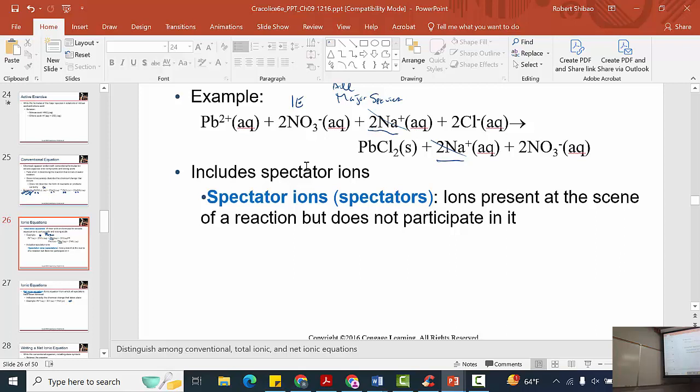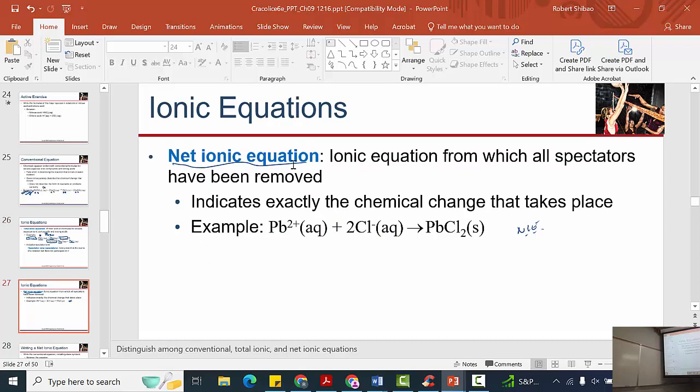Nothing happened to the nitrates, so we cancel those out. Then we just look at what's reacting. The lead ions combine with the chloride ions to form lead-2 chloride precipitate. This would be our NIE. The favorable ion combination here is lead ions combined with chloride ions to form lead-2 chloride. The other ions didn't have a favorable combination, so those are spectators, and we don't worry about them.